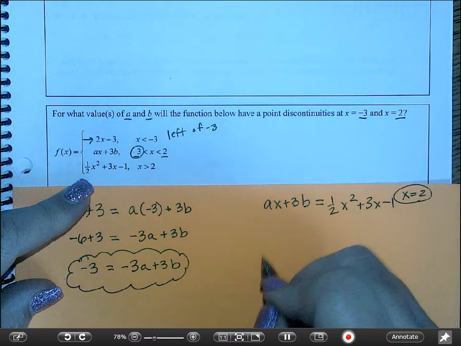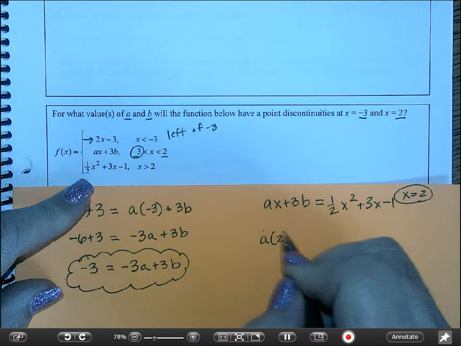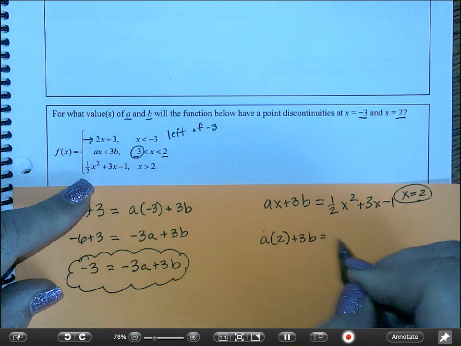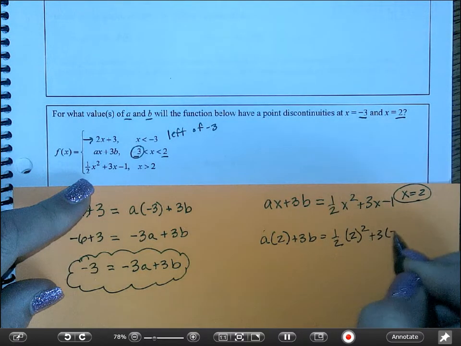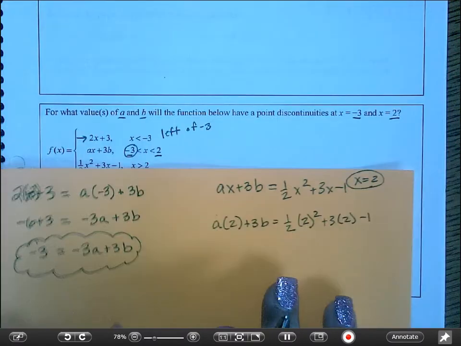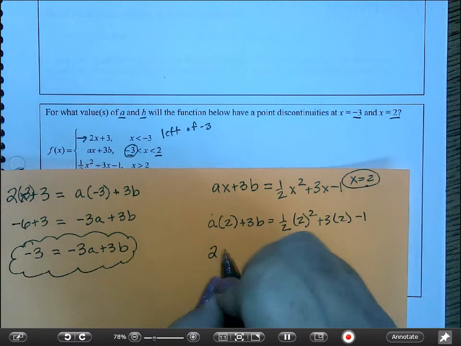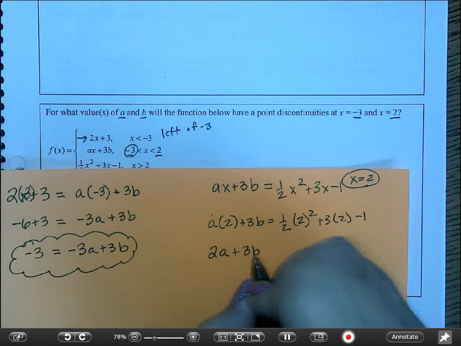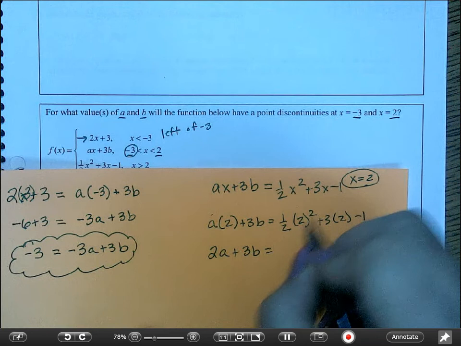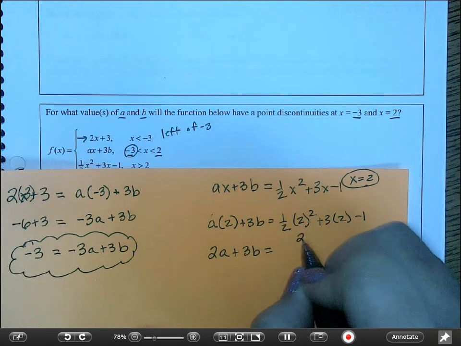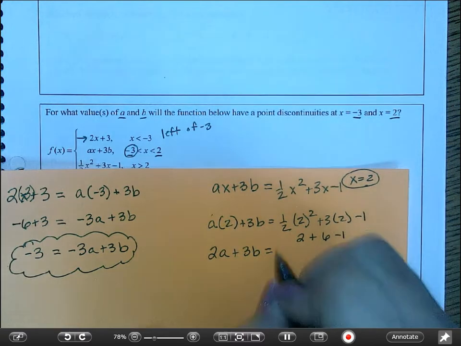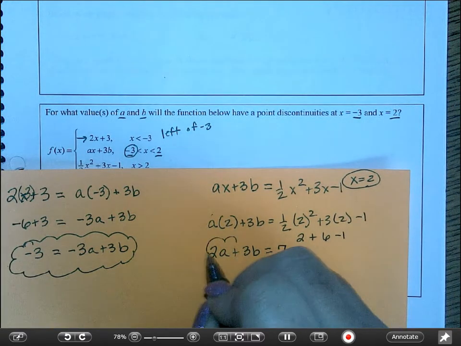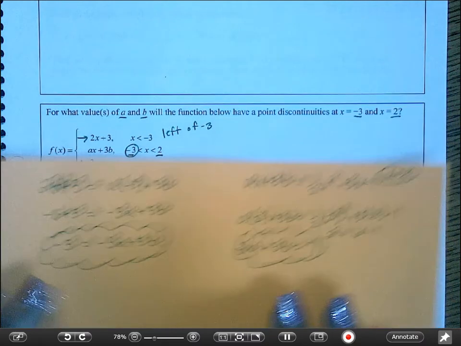So I'm going to have a times 2 plus 3b, 1/2 2 squared plus 3 times 2 minus 1. So let's clean that up a little bit. I get 2a plus 3b is equal to, this is 4, half of 4 is 2, plus 6 is 8, minus 1 is 7. So then I have this equation.